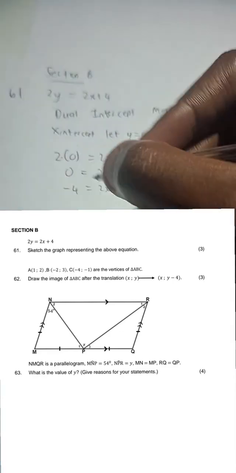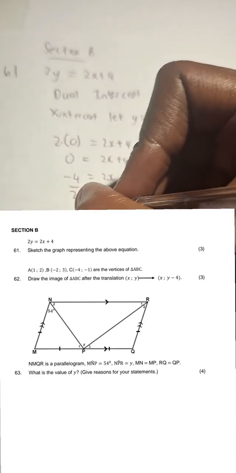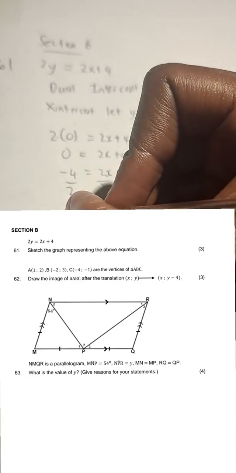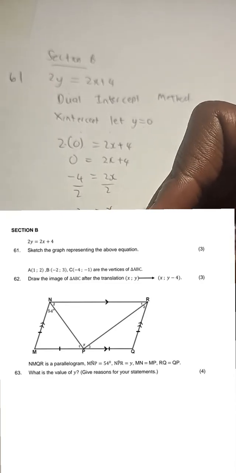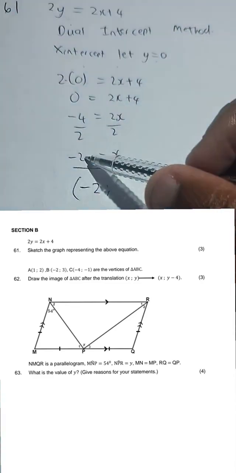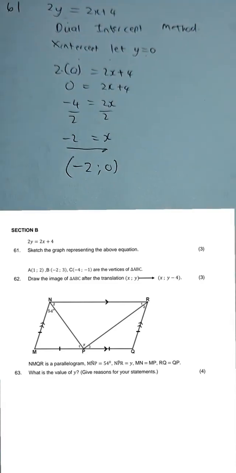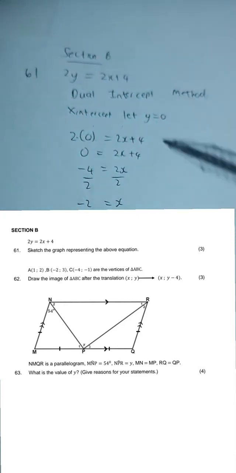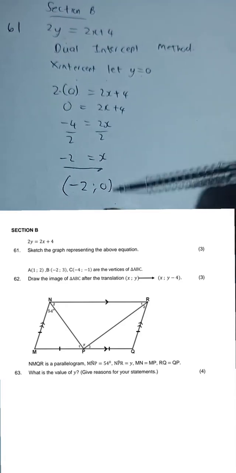We isolate x, then we divide both sides by the coefficient of x, which is 2, which gives us negative 2. So x is equal to negative 2. So that means our coordinates are when x is negative 2, when I substituted y, which is 0. This is my coordinates of the x-intercept, negative 2 and 0.